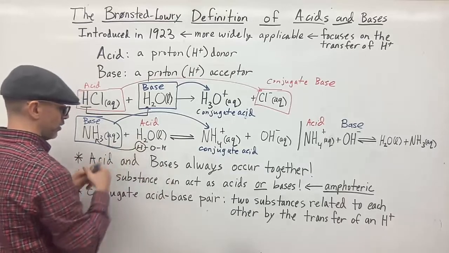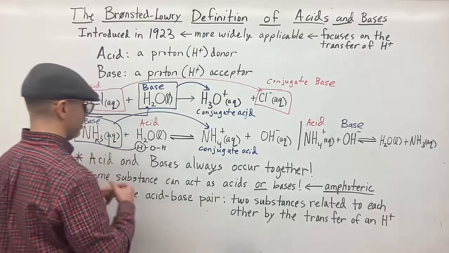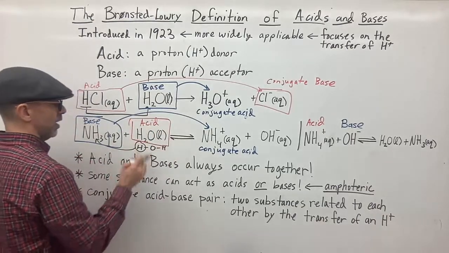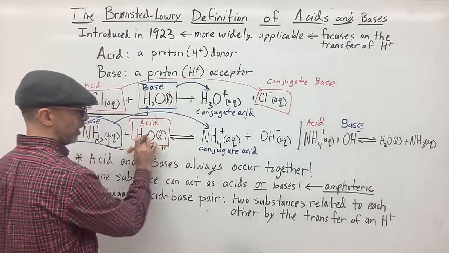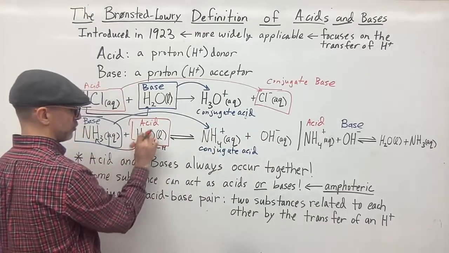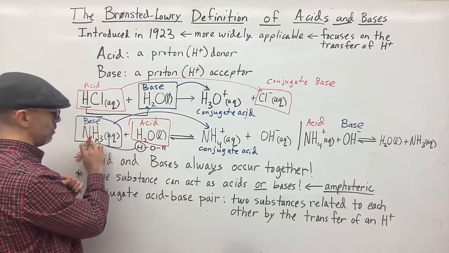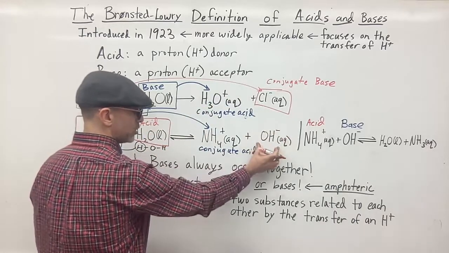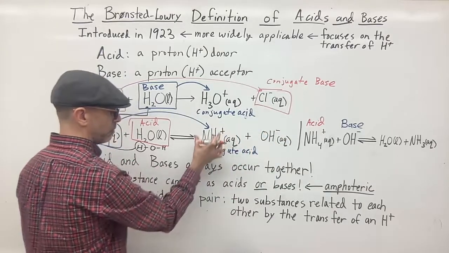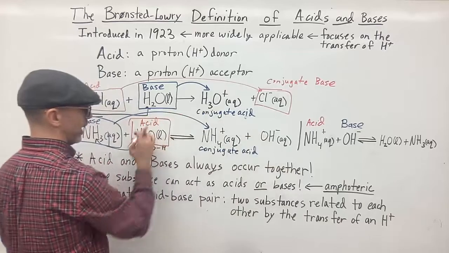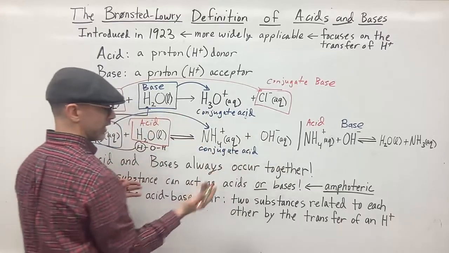Same thing for the water here. So if I have this water as an acid, then the water and the OH minus are related to each other by the transfer of hydrogen. If I transfer hydrogen to the ammonia, then I get the OH minus. If the OH minus takes a hydrogen from the ammonium, I get the water back. So if I go this way, I get the water back by the transfer of a hydrogen.